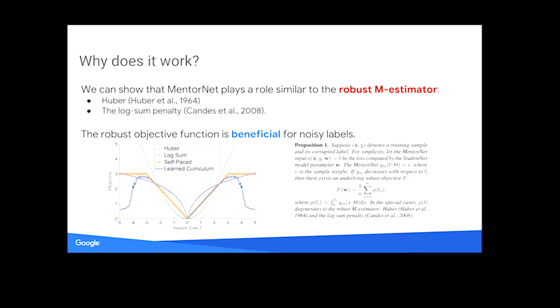Because we are dealing with noisy labels, having such a robust objective function is very useful. For example, in this figure, the x-axis represents the sample loss, and the y-axis represents the objective function value. All these curves are robust losses, but the blue curve indicates the learned objective function by our data-driven MentorNet.